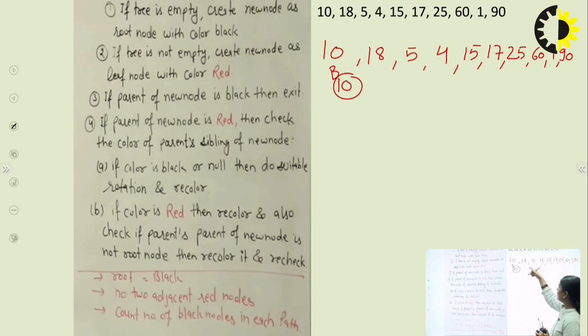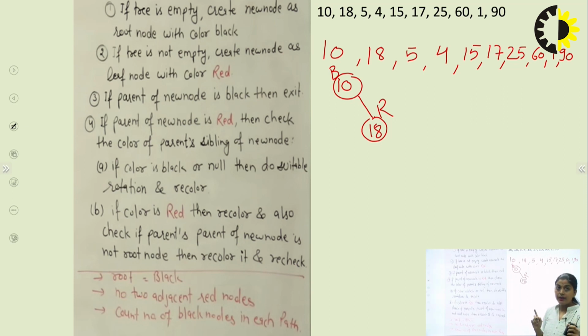So 18 is going to be a leaf node, a child of this particular 10. And which child? The BST property decides. So 18 is greater than 10. Obviously, it becomes a right node and has the color red.